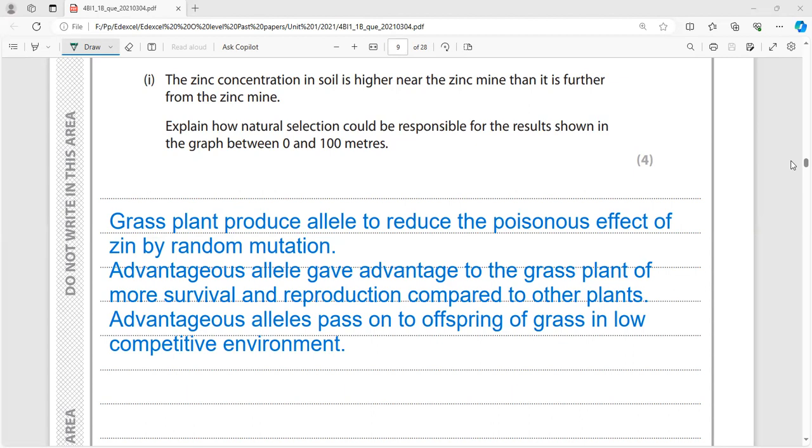If there's more survival, there are more reproduction chances. If there's more reproduction, it can transfer its gene or allele to the next generation. So that's why in this region, all the land is covered only by this grass, which can survive in the presence of zinc poison.